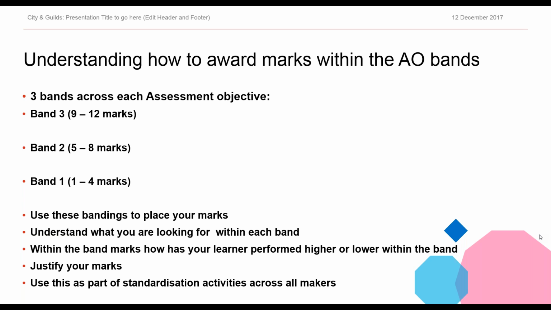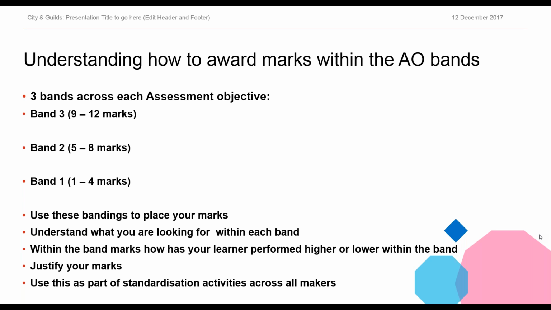Please, and I can't say this enough, don't think band 1 is a pass. If a learner gets too many marks in band 1, they will fail. Band 2, the range could be 5 to 8, it could be more depending on the weighting of that outcome. And band 3 is your higher band, which could be 9 to 12 or even more marks. You need to use these bandings to place your marks.